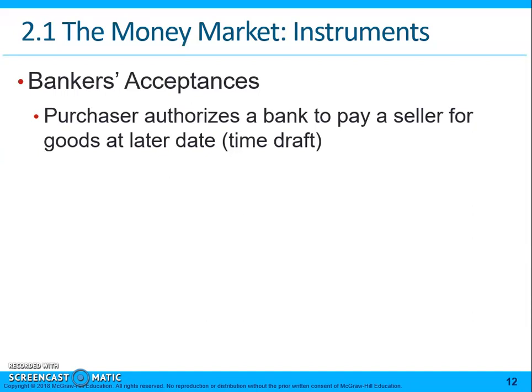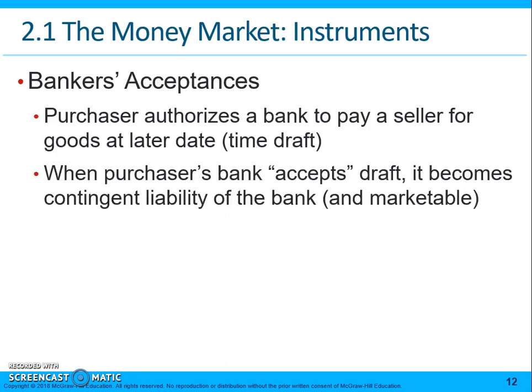It's also referred to as a time draft. These are used for purchases of goods between two entities when those entities don't necessarily have a relationship. So the purchaser's bank will accept the draft. It becomes a contingent liability of the bank, and it is marketable.